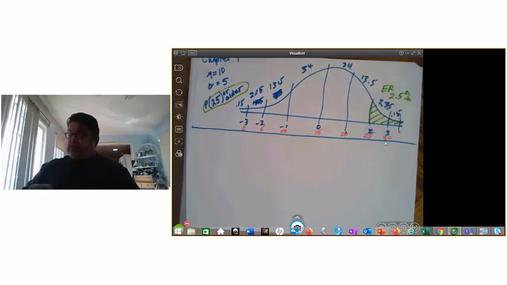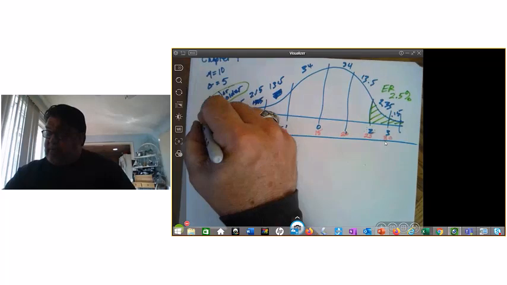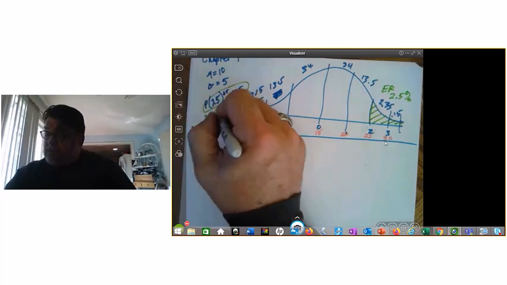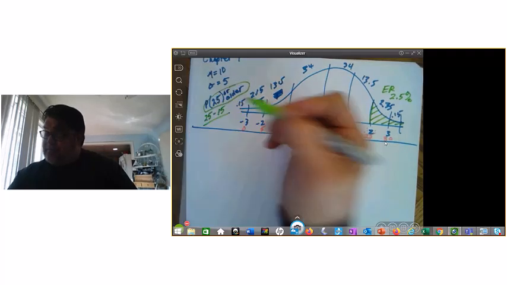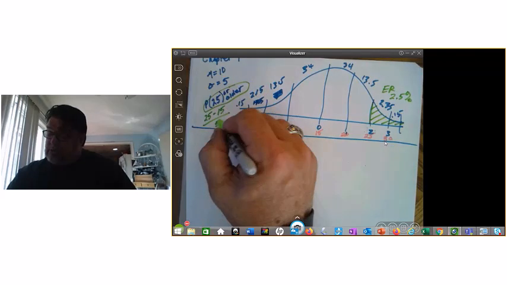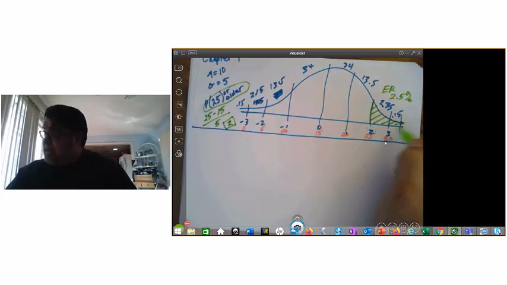But by z-scores, we would change 25 into, if you have an older calculator, that'd be 25 minus 20, I mean 25 minus 15 over 5, which would be 10 over 5, which is 2. So you would go from 2 to 9999.